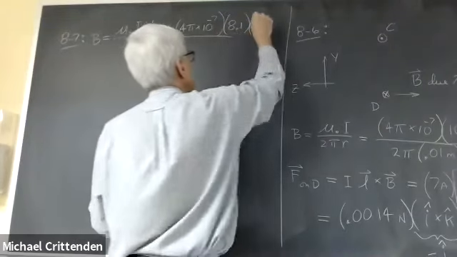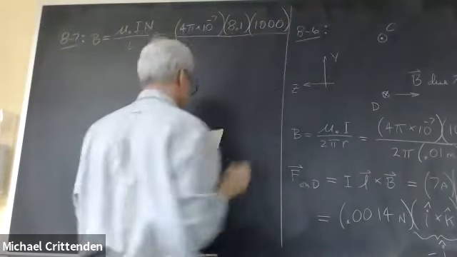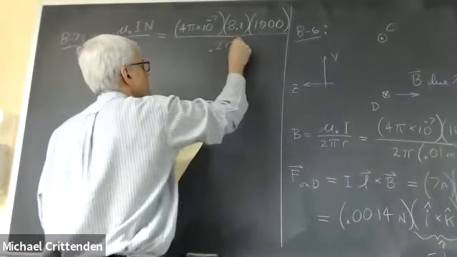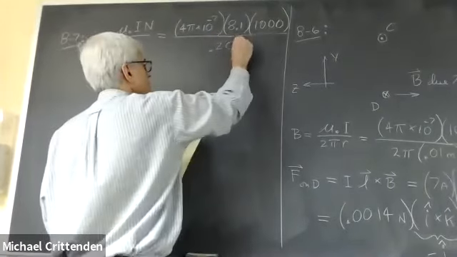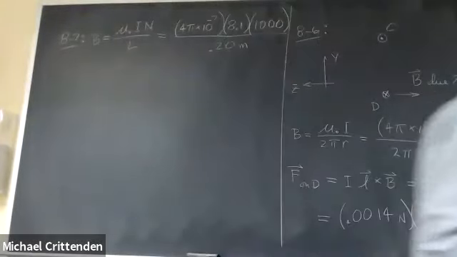And it has 1,000 loops. L is .2 of a meter, 20 centimeters. The length of the coil was labeled on the diagram.